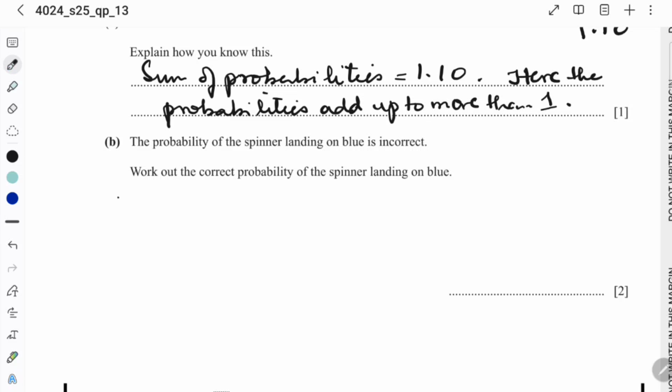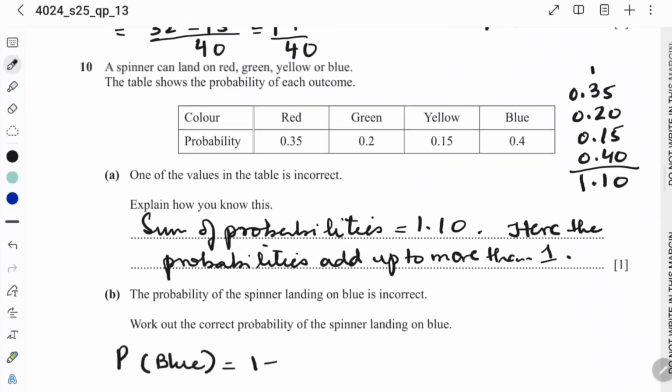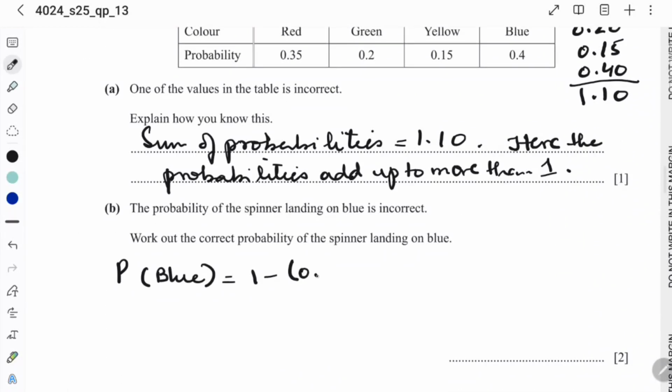The probability of blue is equal to 1 minus 0.35, which is of red color, 0.2, which is of green color. I'm just writing down from here, and 0.15, and I'm not writing down for blue because we'll have to find that out here, and that is wrong.